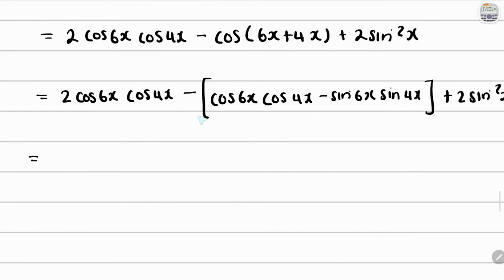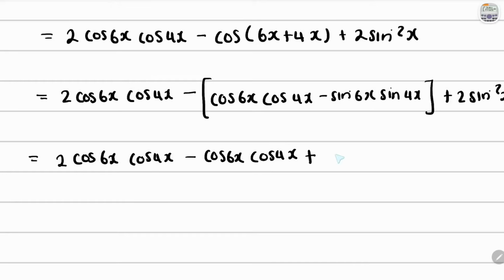And this is equal to, and now we see that it's going to distribute and simplify. So that is 2 cos 6x cos 4x. And then we have minus cos 6x cos 4x. And then that becomes a plus sine 6x sine 4x.